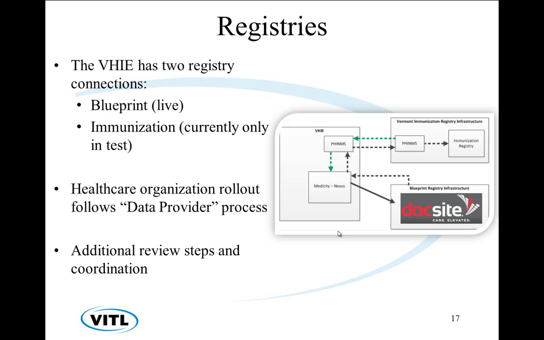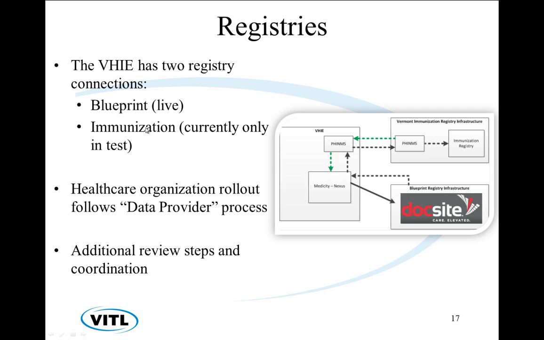That connection is live. If we zoom in on the big complex diagram from the beginning, we have the VHIE, we have the Blueprint registry, and we have a connection from the VHIE sending data to the Blueprint registry. That is live.